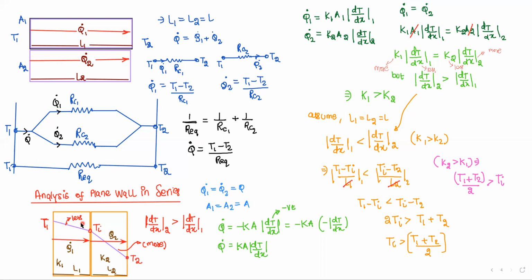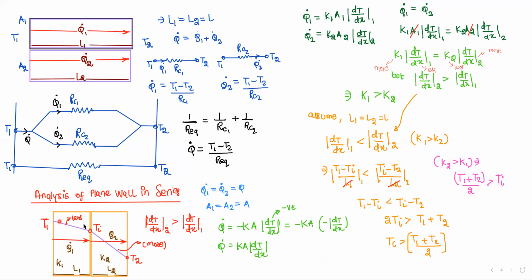We will arrive at this conclusion later that this slope is less and that slope is more. In the series connection we know that Q is the same. Let us assume that area is the same. We can write Q is equal to minus kA dT by dx.